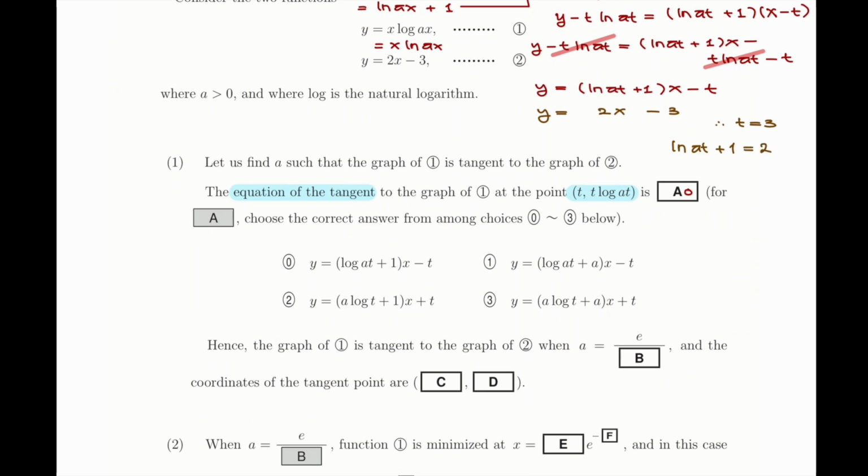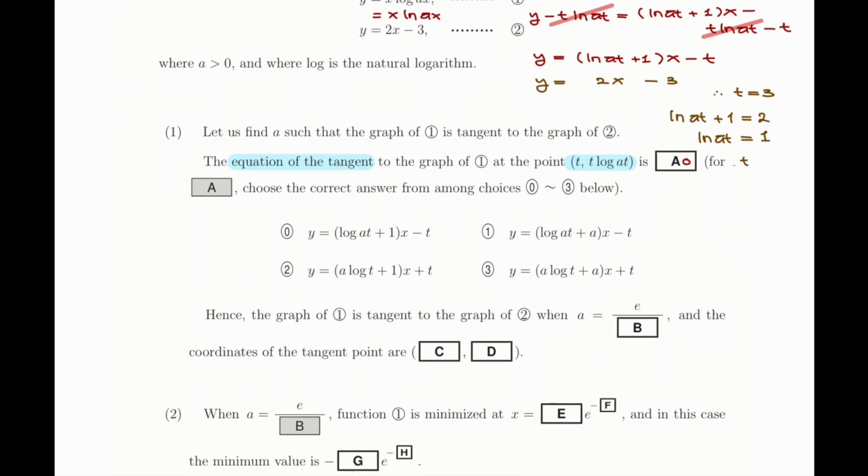If I move 1 to the right hand side, I will get ln AT equals 1. Then AT is equal to e to the power of 1. You have to remember, if you want to get rid of this ln, there is e on the other side. So basically, if ln x equals b, then x equals e to the power of b.